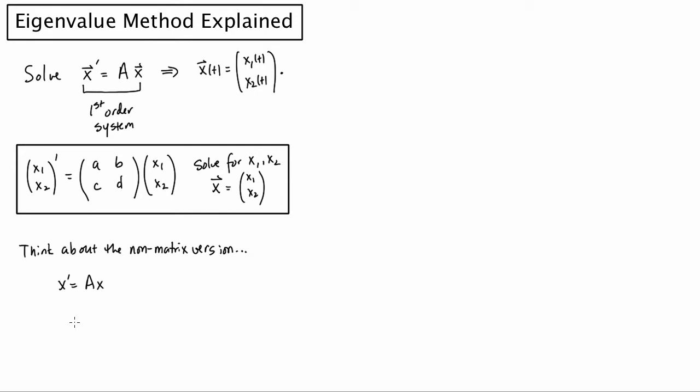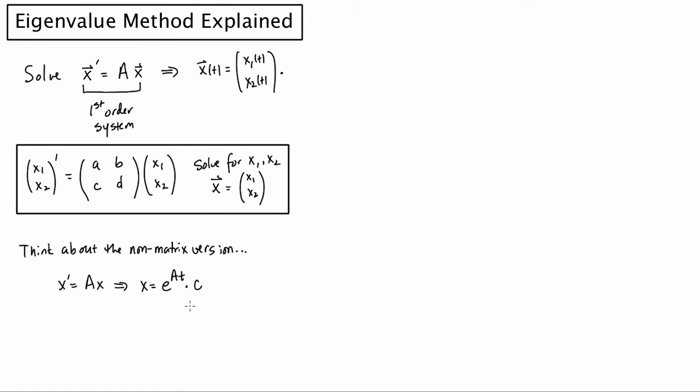So if that isn't a vector and that's just a function x, then solving for x is as simple as doing separation of variables, or this is one that occurs so often you should know the answer. The answer to this is x is equal to e to the at. Now it would be times some sort of constant, so let me put that in here. But that's pretty easy to do.